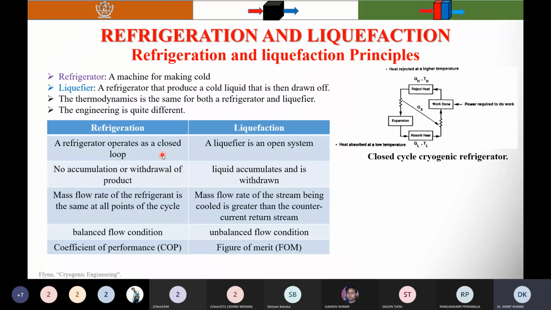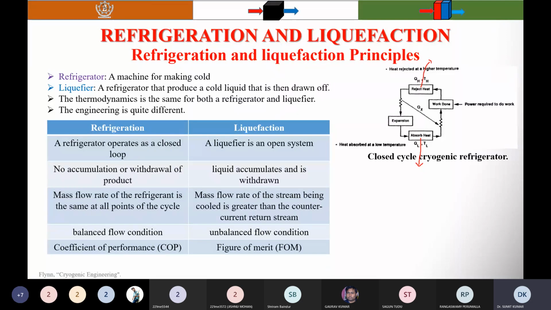What is the meaning of that? In the refrigerator, if you remember, the refrigerant is flowing through all the steady flow devices. So the basic principle, if you remember, is that the refrigerant takes heat from the refrigerated space and rejects it to the environment.